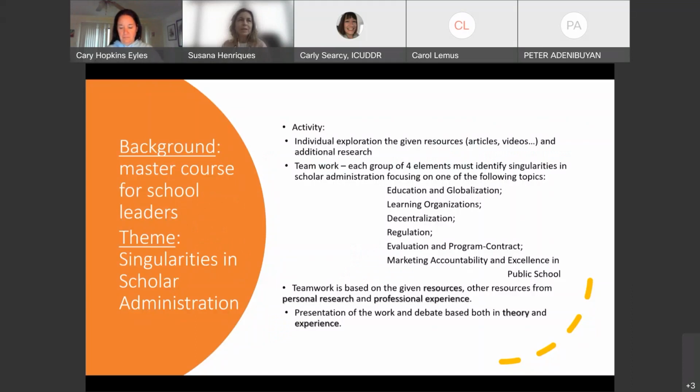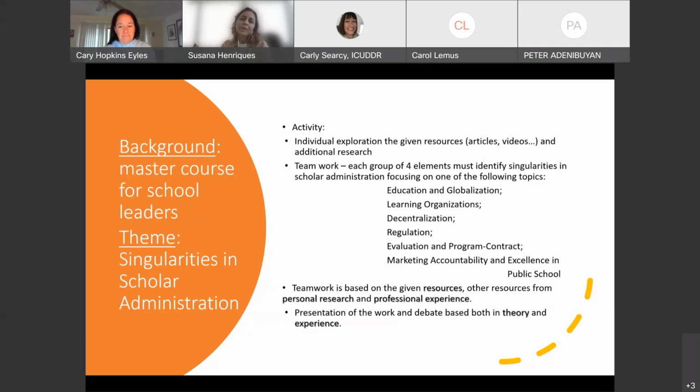The activity that was proposed was individual exploration of the resources, articles and videos and that kind of material, and they were invited to do some additional research, so they could bring their own researched articles or videos or whatever.